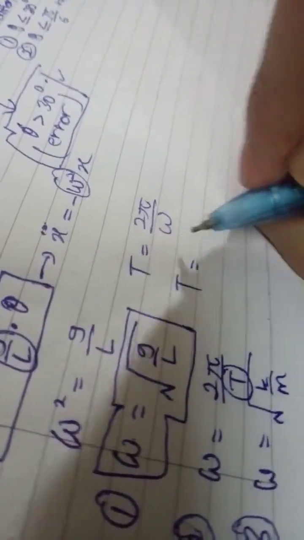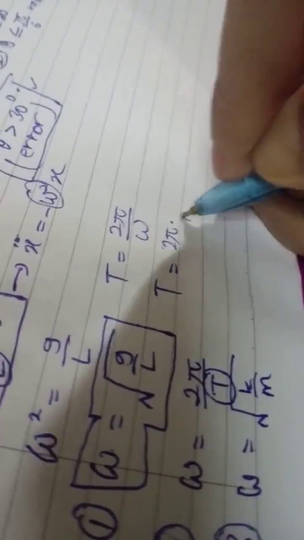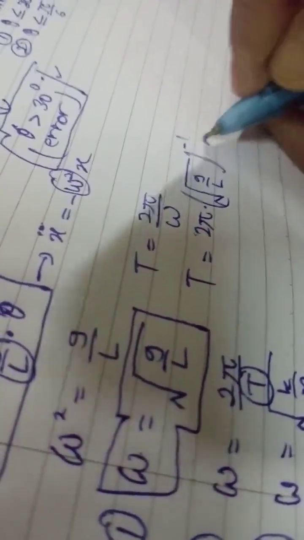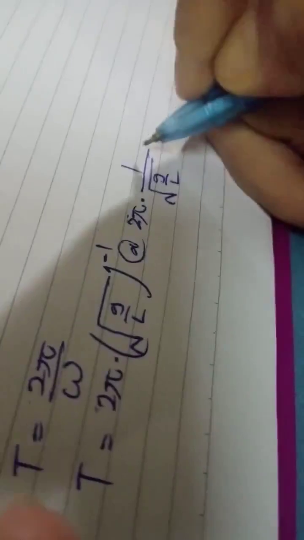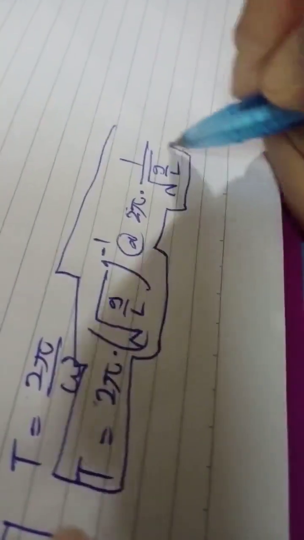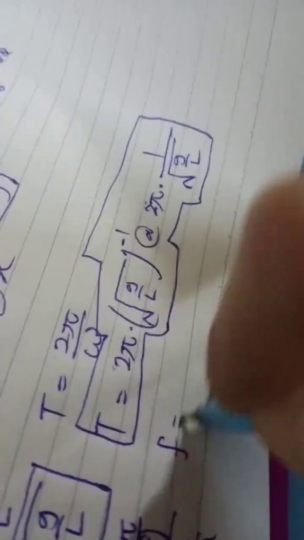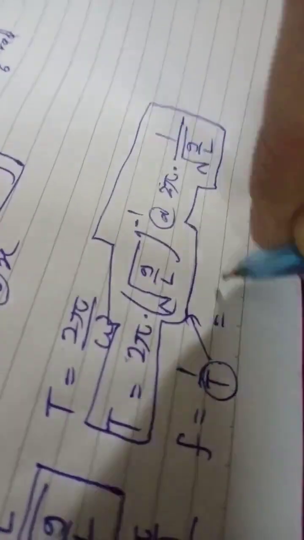So always substitute omega with square root of g over L. We will get 2 pi times square root of g over L to the power of minus 1, or we can write 2 pi times 1 over square root of g over L. It is still the same, and you can use it to calculate the period. If you want to calculate the frequency, it's the same: f equals 1 over T, and then you substitute T with this equation. I think you can do it by yourself.